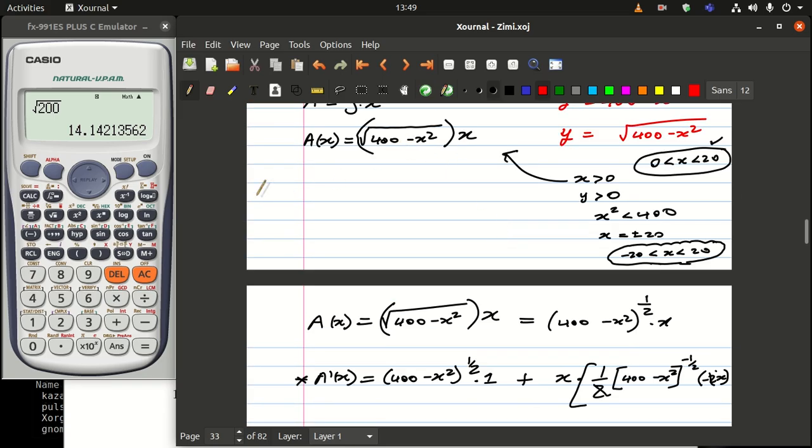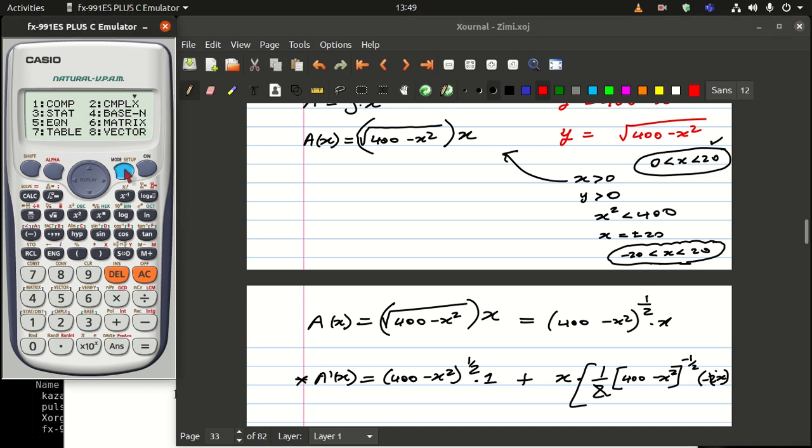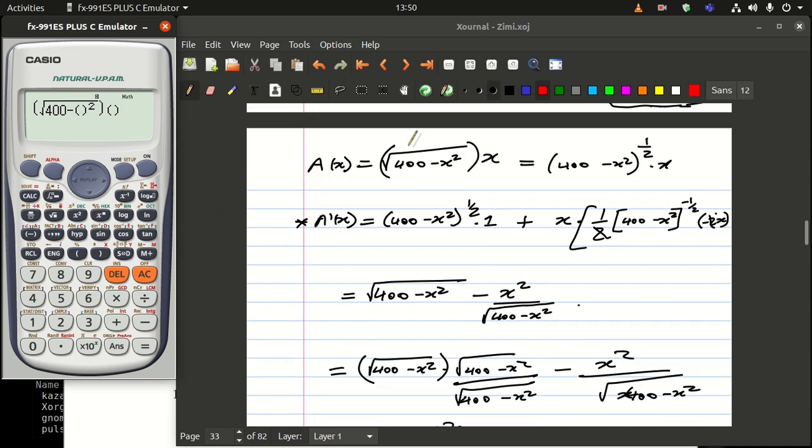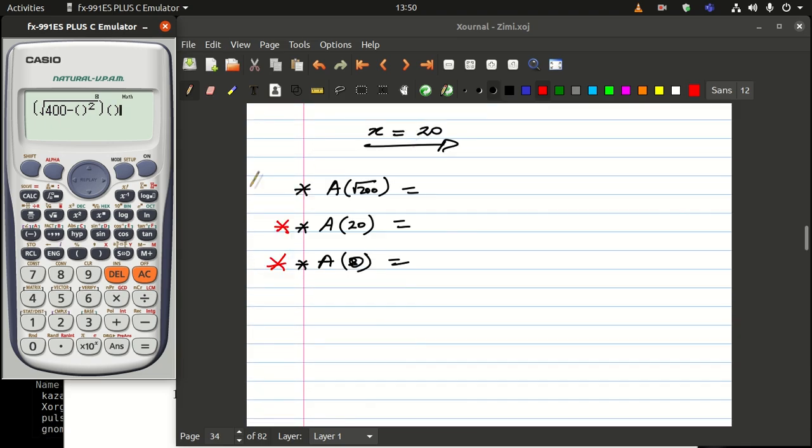So our area was the square root, open square root, we had 400 minus x squared, close. So that is actually this area. Let's go down and check these values here.